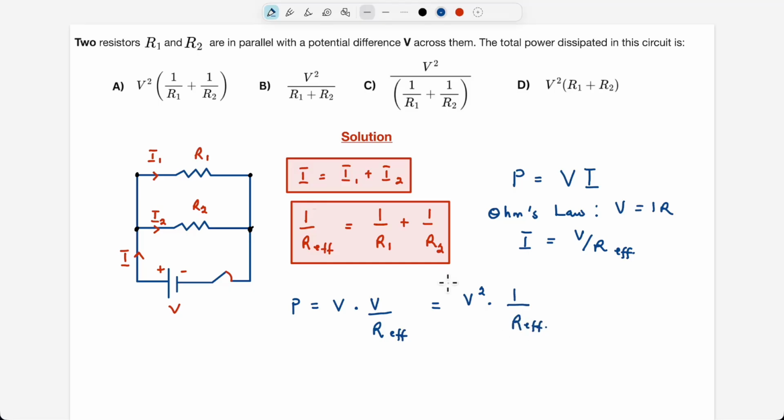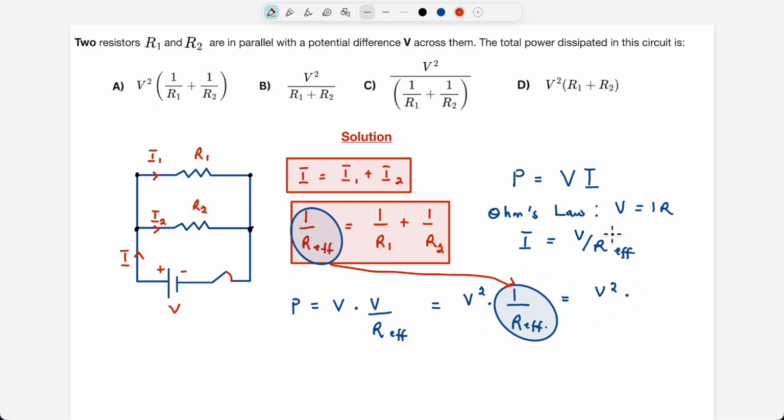So this is very straightforward. We know 1 over R effective to be equal to 1 over R1 plus 1 over R2. So we can plug that in here, and we are going to have V squared multiplying. So 1 over R effective here is nothing but this thing here.